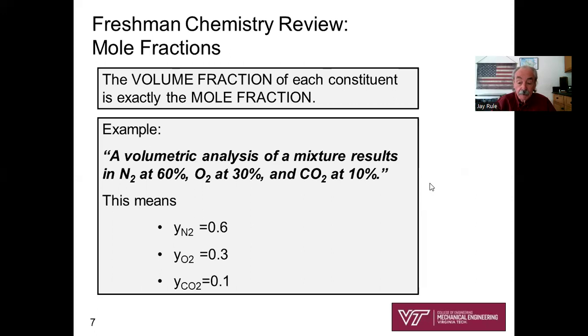So, for example, if you read in a problem, a volumetric analysis of a mixture results in nitrogen at 60%, oxygen at 30%, and CO2, carbon dioxide, at 10%. Well, here's what that means. You can just immediately write down y of N2 is 0.6, y of O2 is 0.3, and y of CO2 is 0.1. Those are the mole fractions. Volumetric analysis, same as mole fraction.